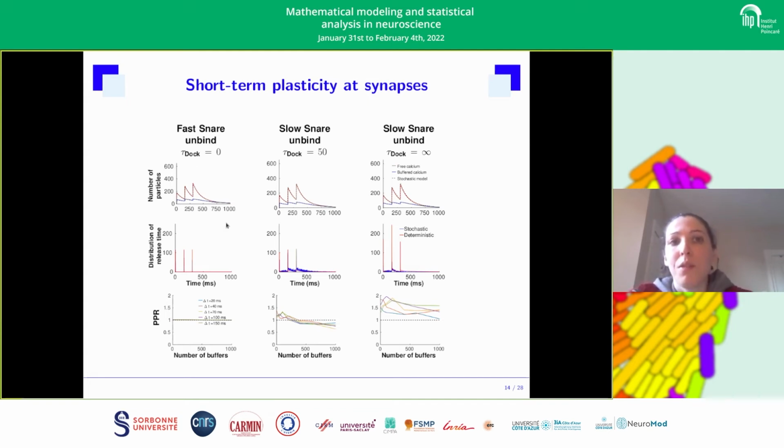So this was a way to investigate how fast SNARE unbinding and slow SNARE unbinding could affect vesicular release.